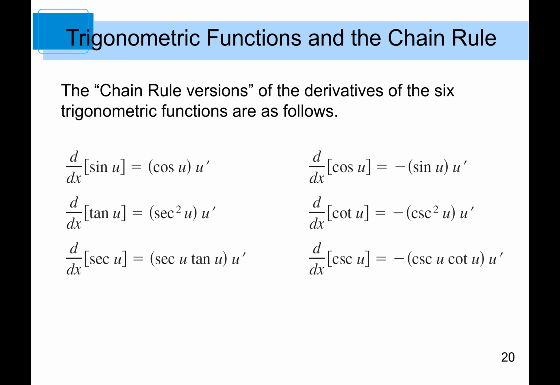So differentiate sine u becomes cosine u, and then differentiate the inner function, times u prime. And the derivative of cosine u is negative sine u times u prime, times the inner function.